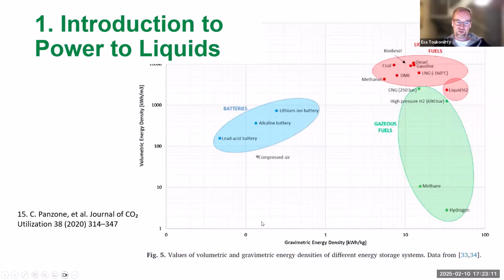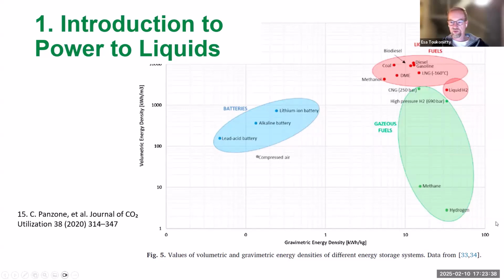And let's say the least good or interesting fuels are in the lower left corner. If we take a look at the battery technologies, here are different batteries. They tend to have quite low volumetric energy density and also quite low gravimetric energy density.